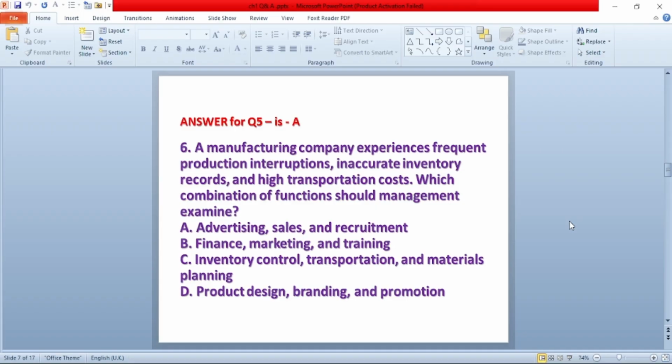C. Inventory control, transportation, and material planning. D. Product design, branding, and promotion. The answer for this question is C. Inventory control, transportation, and material planning.